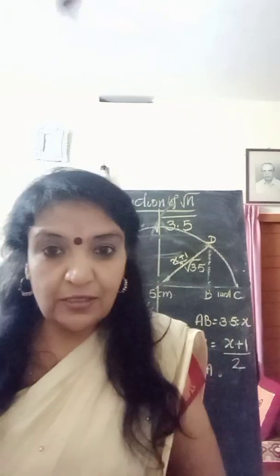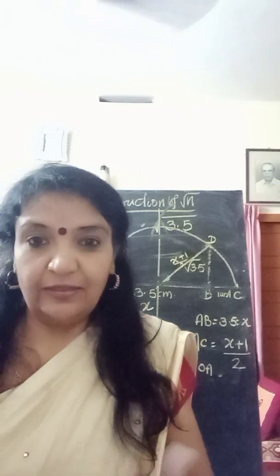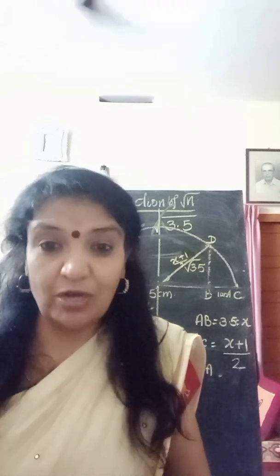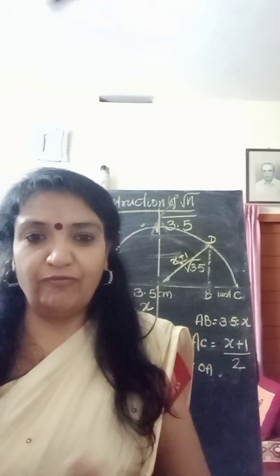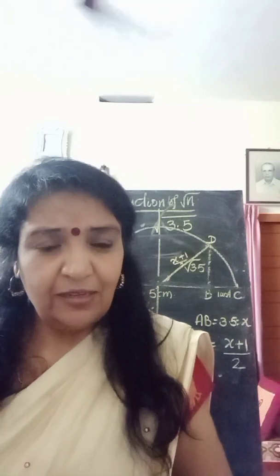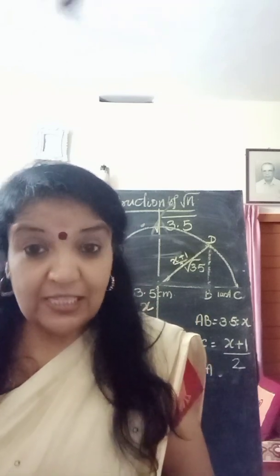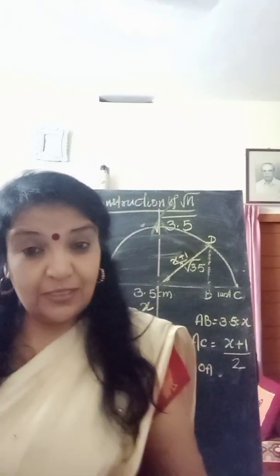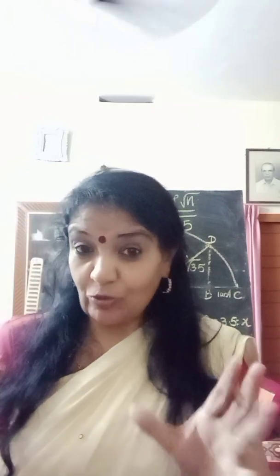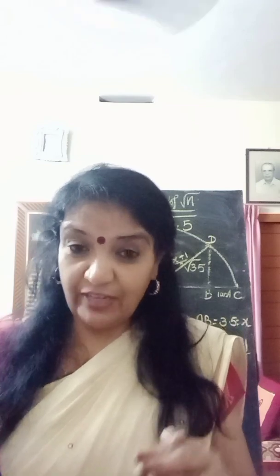So apply this. You are getting root 3.5. X means our 3.5. So don't study the theory behind it, but we are using Pythagoras theorem to construct such square root numbers, that is root n, where n is a positive integer.